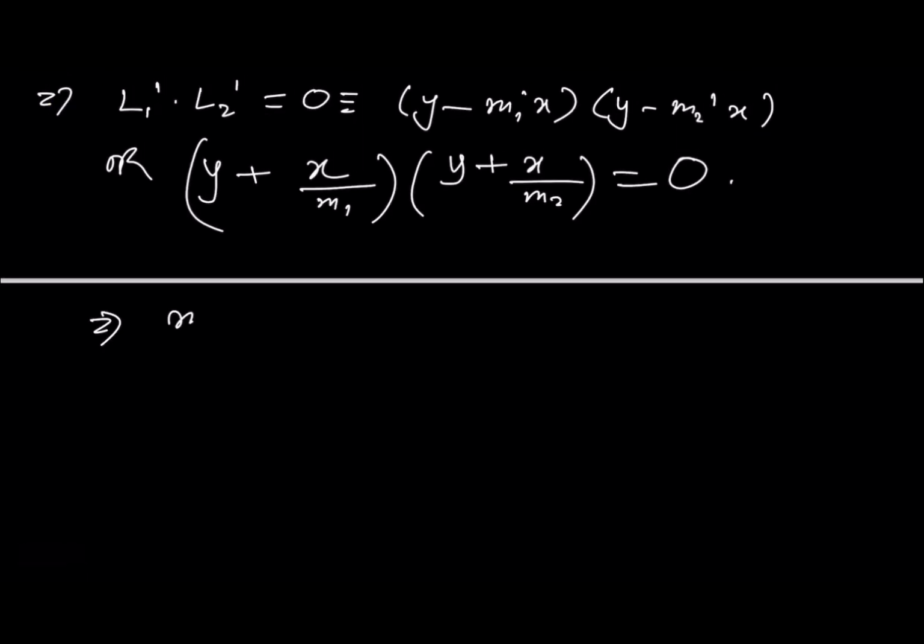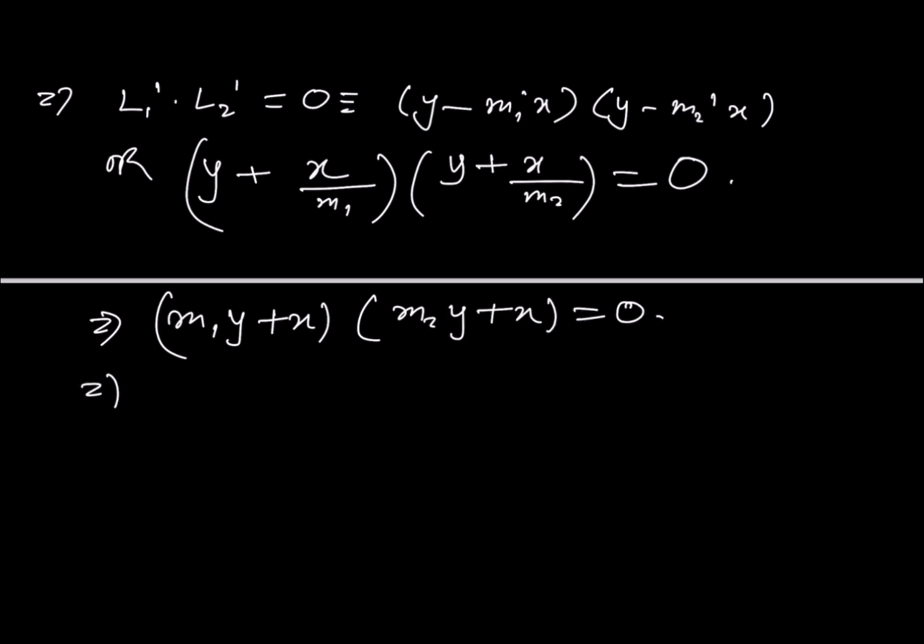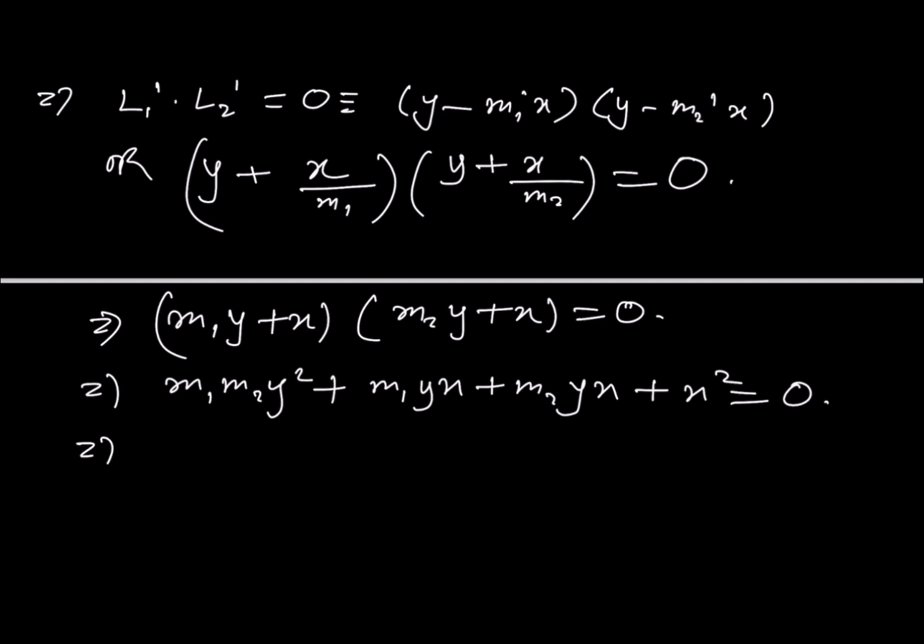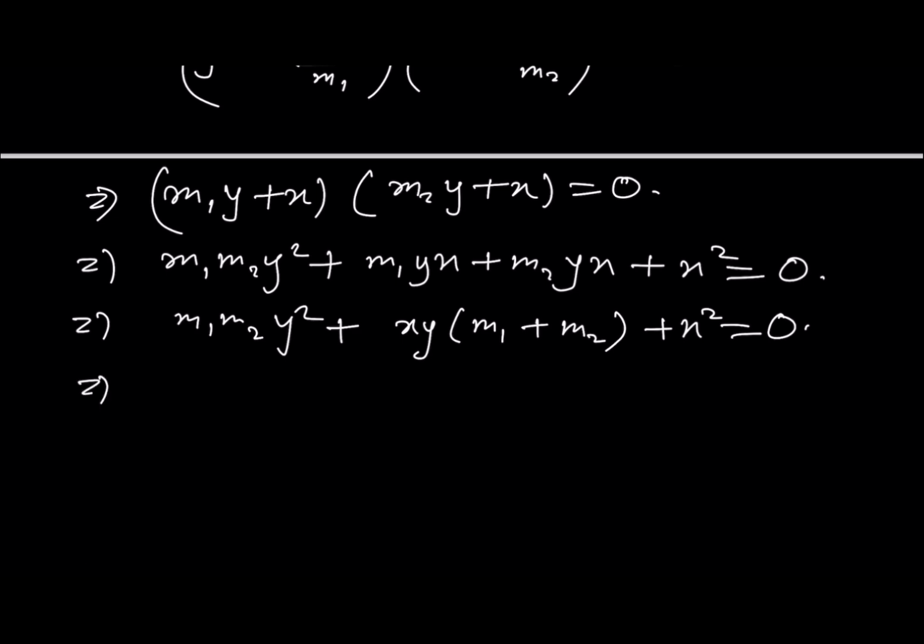So this will be m1y plus x into m2y plus x is equal to 0, or m1 m2 y square plus m1 yx plus m2 yx plus x square is equal to 0, or m1 m2 y square plus xy times m1 plus m2 plus x square is equal to 0. m1 m2 is nothing but a by b, and m1 plus m2 is minus 2h by b.